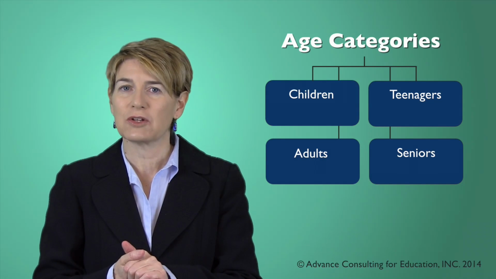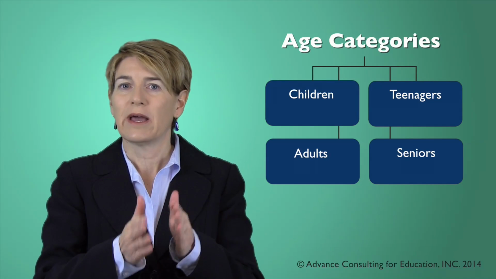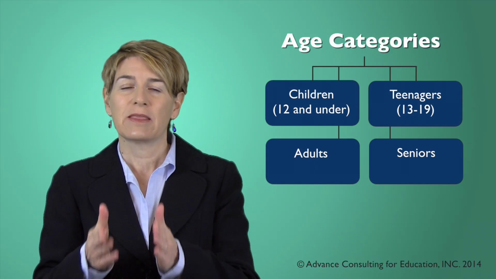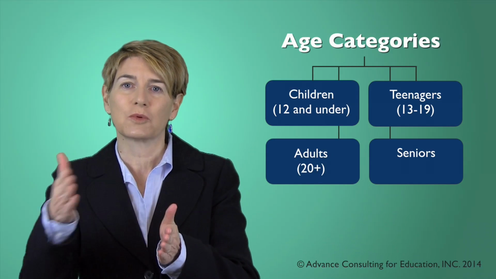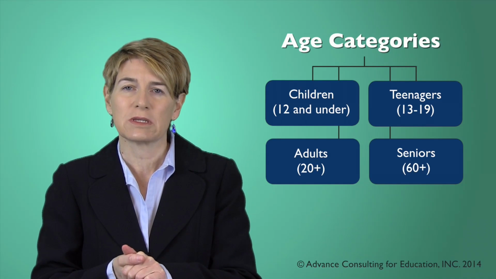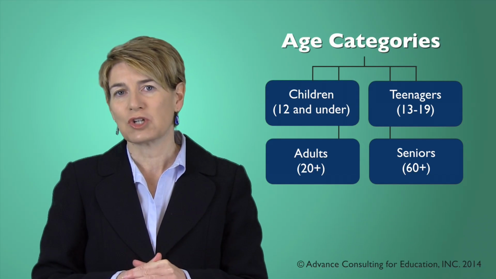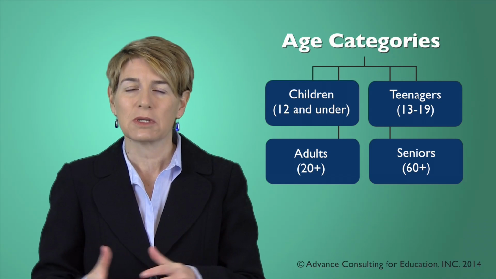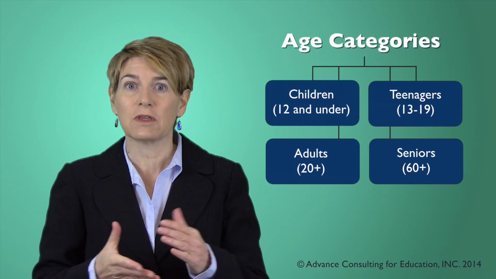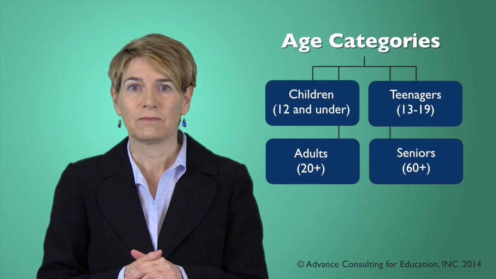The approximate ages: children would be 12 years and under, teenagers would be all the teen numbers, adults would be from 20 onwards, and seniors anywhere from early 60s onwards. Those are the general categories we're going to use, on the understanding that there are individual differences within these large general categories.